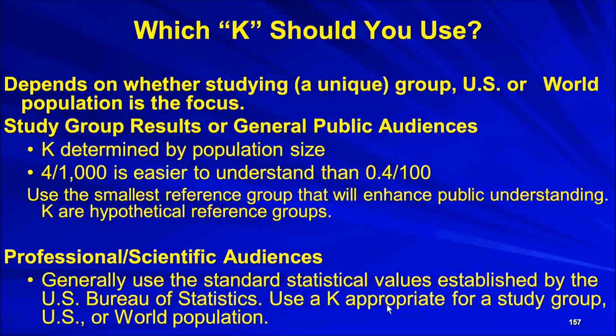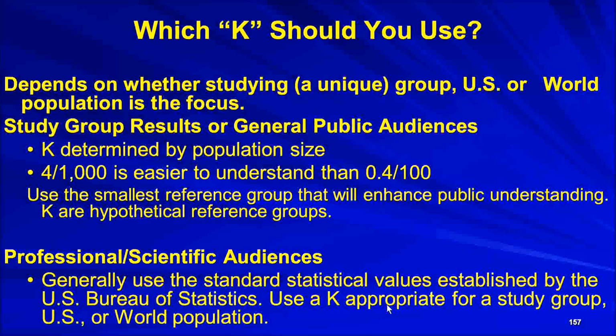Now, let me try to put this into context. Which K should you use? Okay? And I'm going to sound like an attorney here, but these are guidelines, they are not rules, and oftentimes people want to use them as rules, and you can't use them as rules.